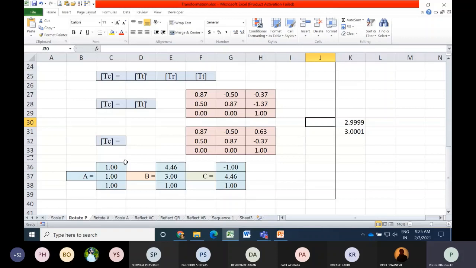And these are your new coordinates. So new coordinates will be P, Q and R. How to check whether our problem is okay or not? The P coordinates remain the same.